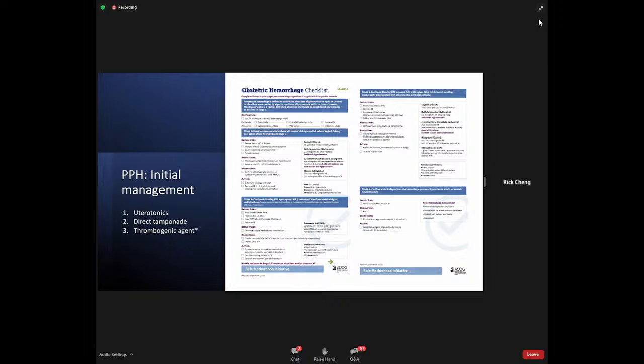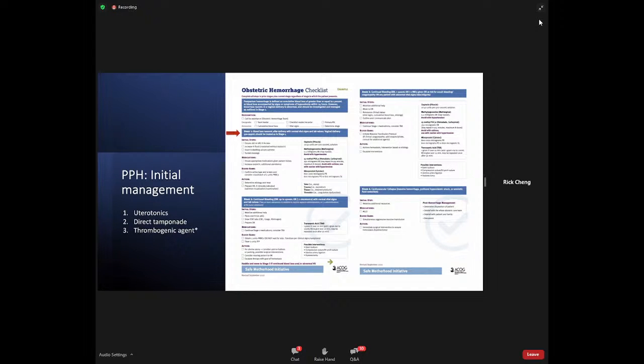The American College of Obstetricians and Gynecologists has recommended standardized checklists as well as staged protocols for care escalation in the management of postpartum hemorrhage to allow for early detection and response in the setting of maternal bleeding. It's often categorized into 4 stages.